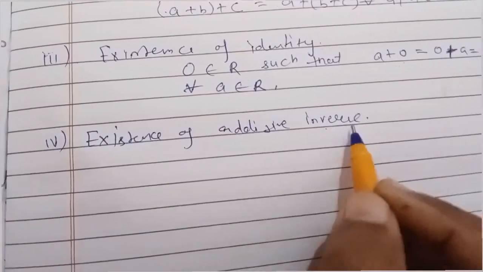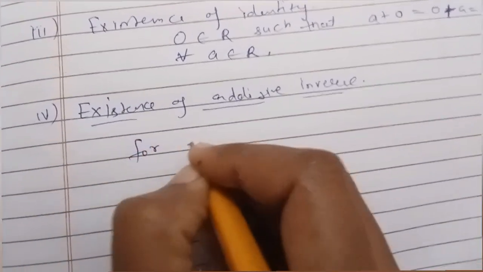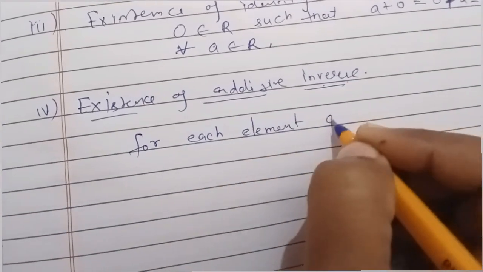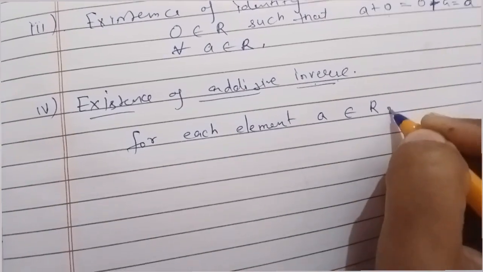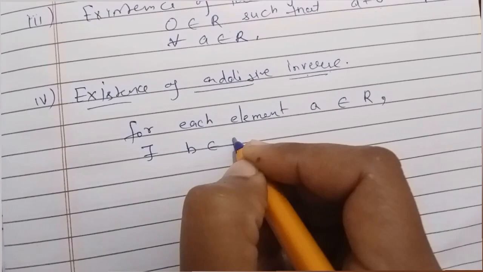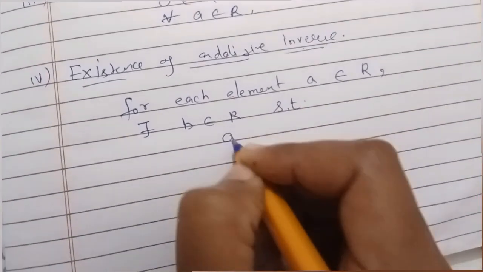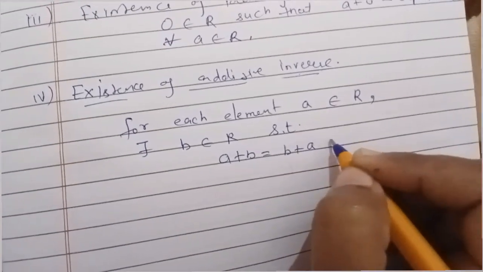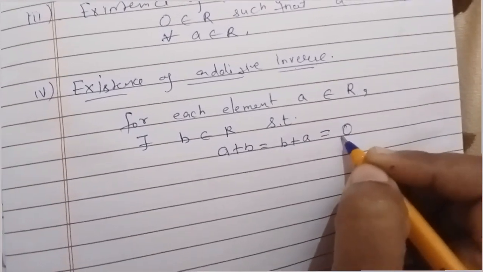In this property, for each element A belonging to R, there exists an element B belonging to R such that A plus B is equal to B plus A, and we get the identity element which is denoted by 0.